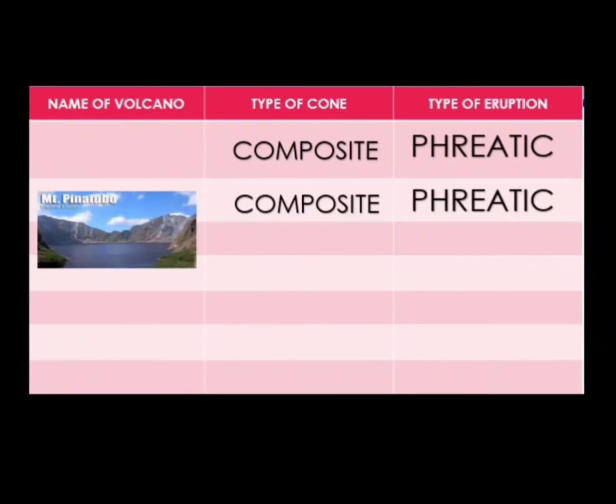Next is Mount Pinatubo in Zambales. It erupted in 1991 for the first time in 600 years. Very good! It is a composite type of cone. And the type of eruption is plinian, or the most destructive type of eruption.